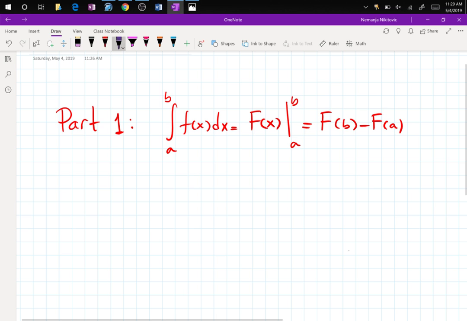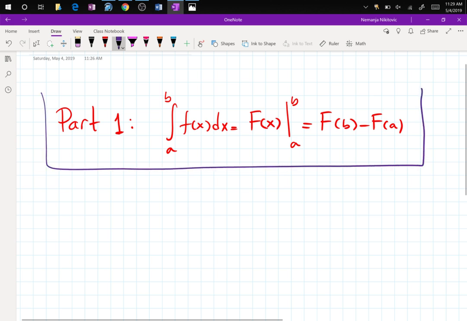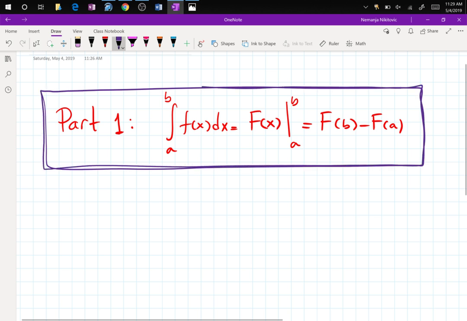So this formula you guys learned in 5.2. And this is the part 1 of Fundamental Theorem of Calculus.